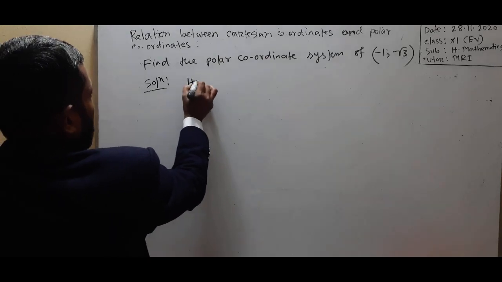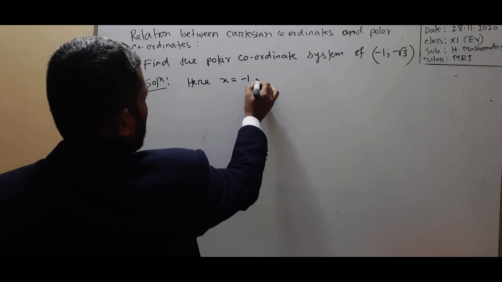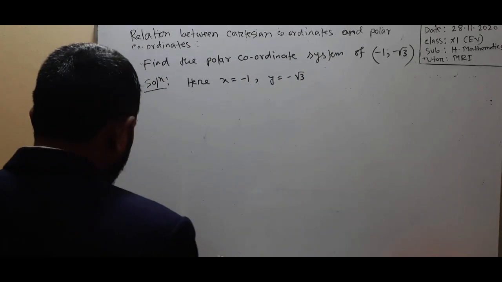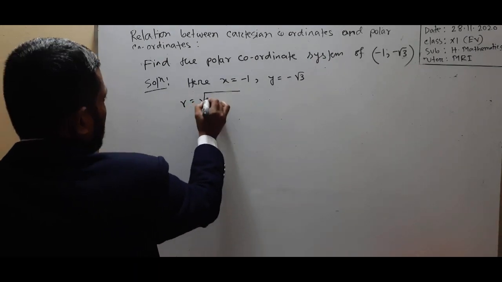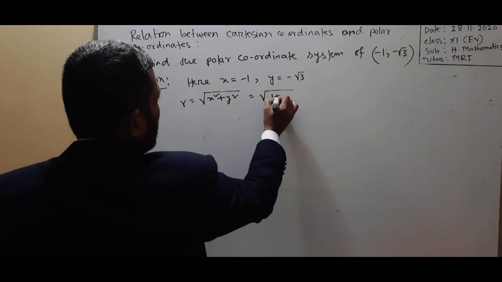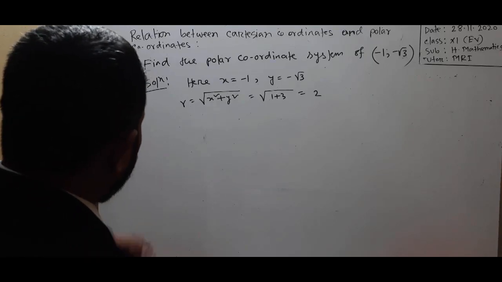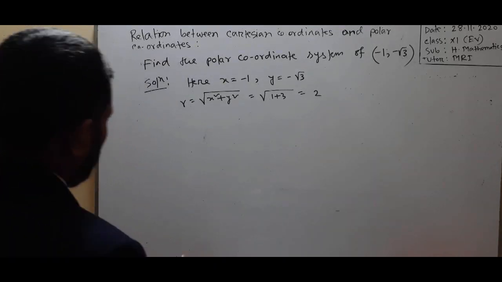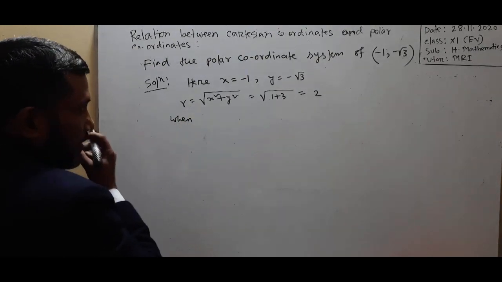Here x is equal to minus 1 and y is equal to minus root 3. So we know r is equal to square root of x square plus y square, which is square root of 1 plus 3, this will be 2, because we know the value of r is always greater than or equal to 0.